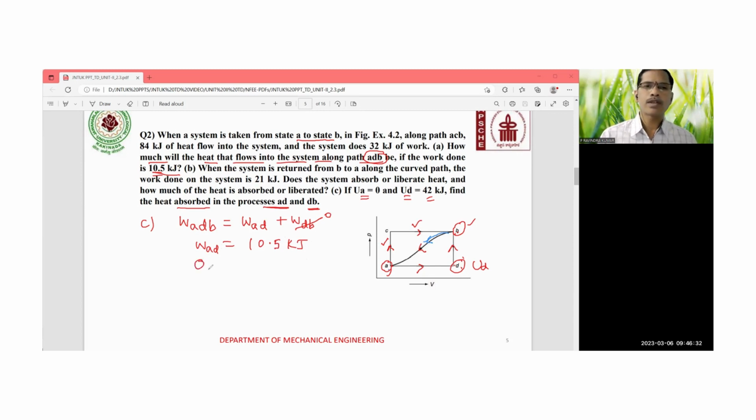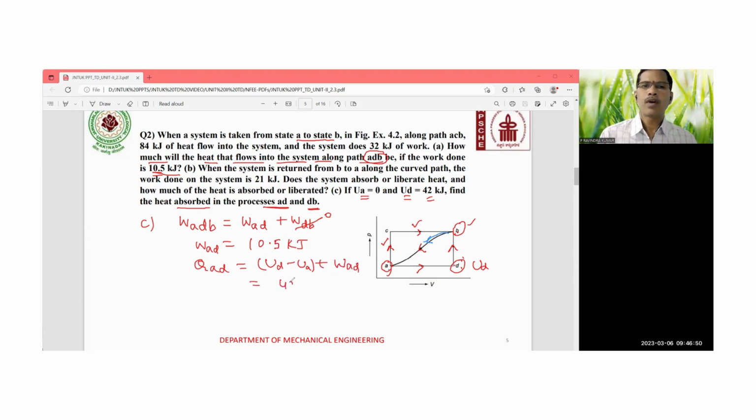In the same way, Q of AD is nothing but equal to U D final state minus initial state plus W AD. What is the U D?